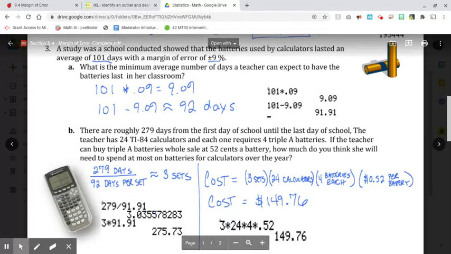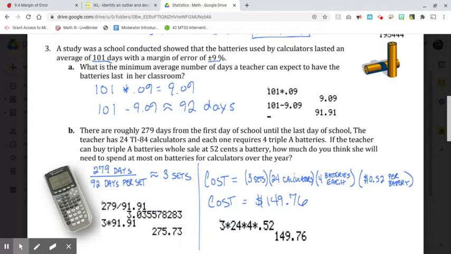So our cost is we need 3 sets of batteries for 24 calculators. Now, each calculator takes 4 batteries, right? So we need 3 sets, so that's 3 times 24 calculators times 4 batteries in each calculator times 52 cents per battery.